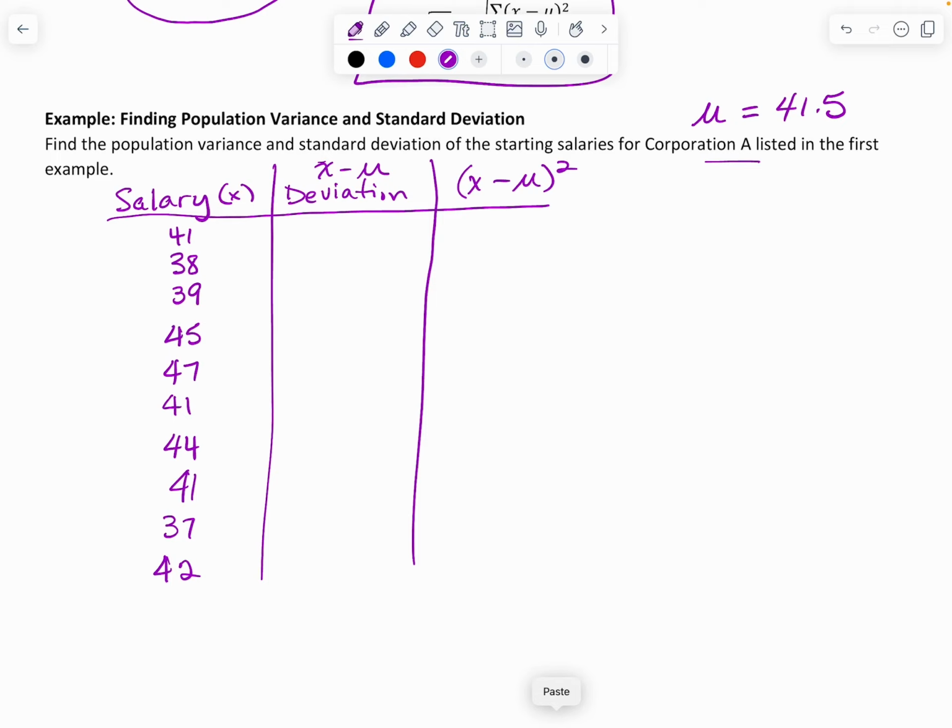So now we're going to do the deviation, x minus my 41.5.